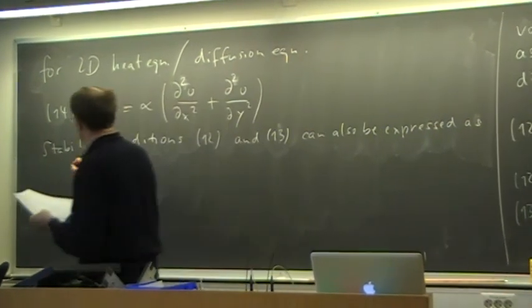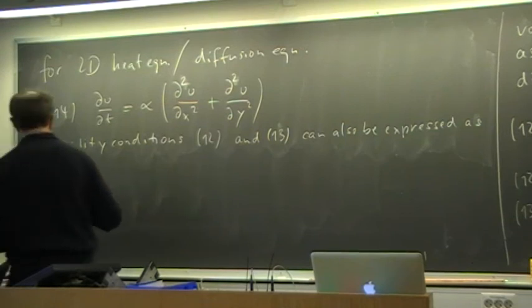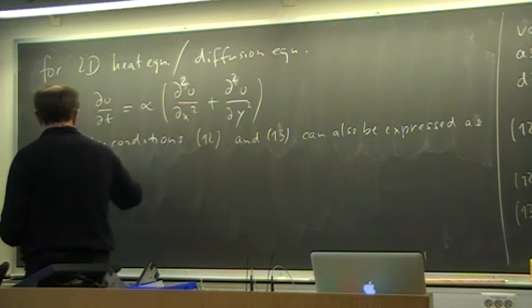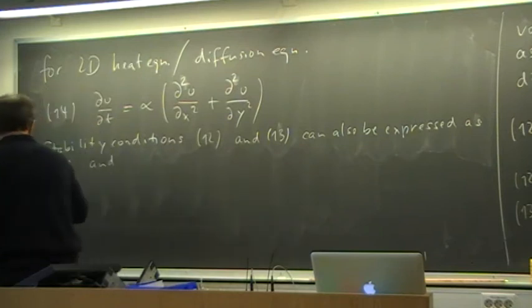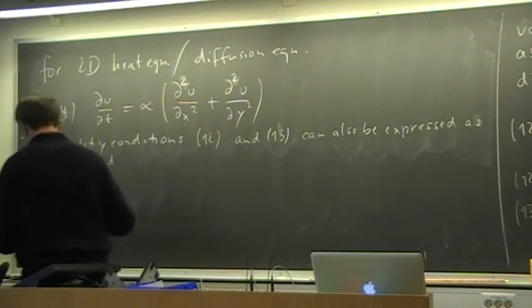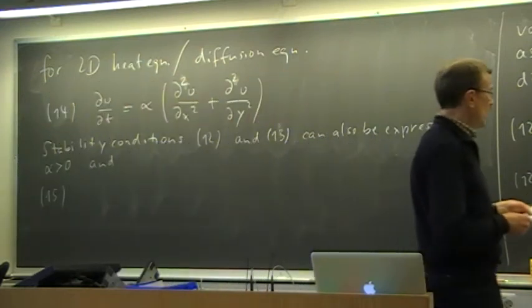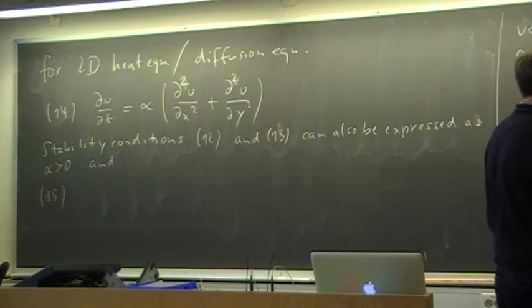We need always alpha positive. We have diffusion present, that is needed, and that is the point I want to make here, that we can multiply everything, let's see, by R1 plus R2.